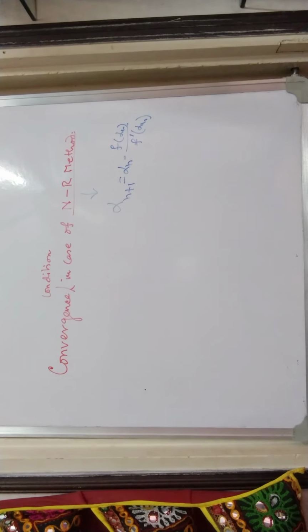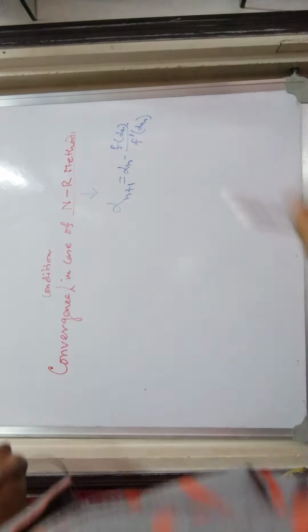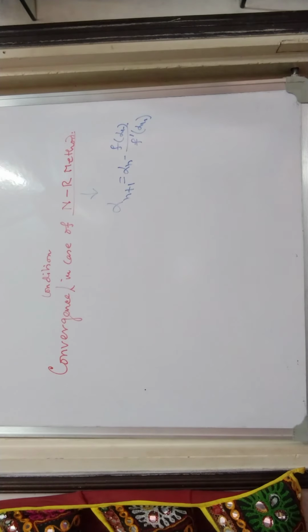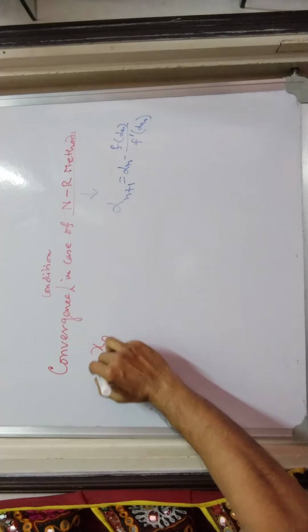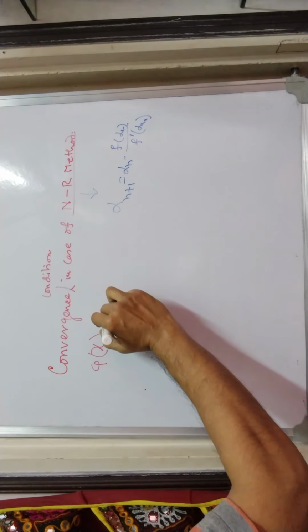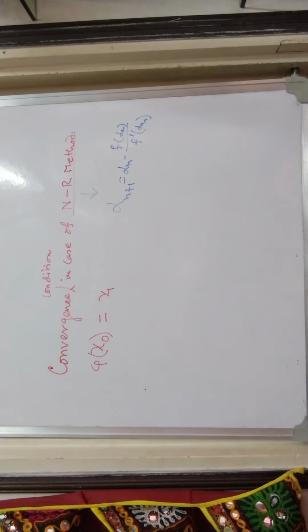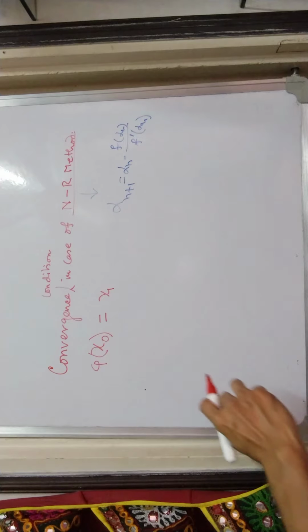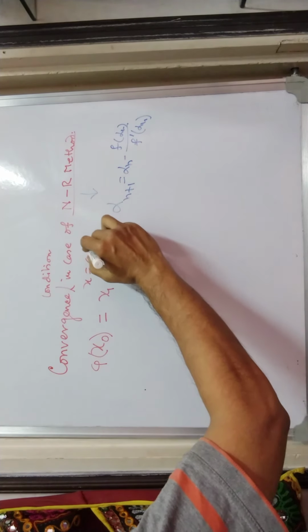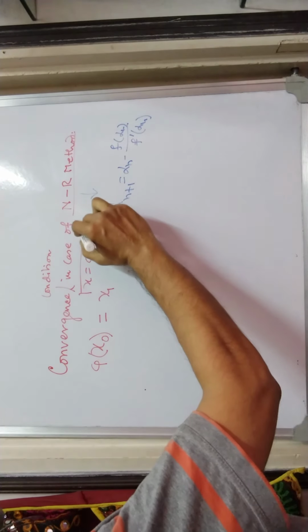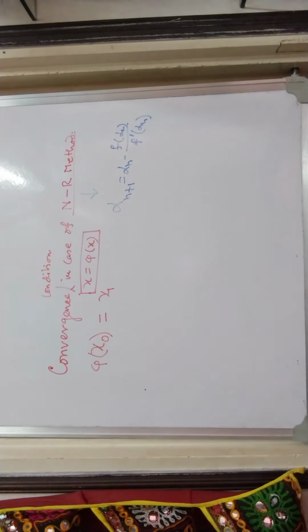Let us assume that x0 is the initial approximation of the root. So whenever we put x0 in place of x in x equal to phi(x), the equation for which we find the root, we would like to find the root.